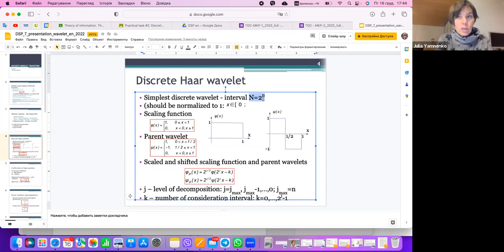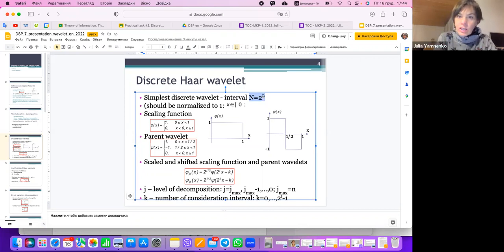If not, you have to do something, maybe remove some amount of digits, or maybe do something else, but you have to provide n equal to 2 in the power n. Only if you provide this condition, you will be able to apply wavelet. So this is very important. And when you are already successful in this, so if you already have 2 in the power n discrete values in the original function, okay, very good. The first step is done.